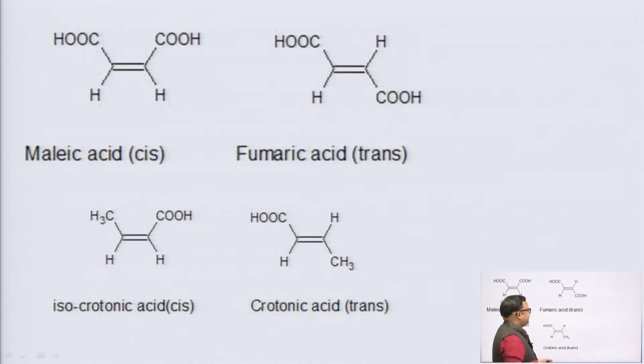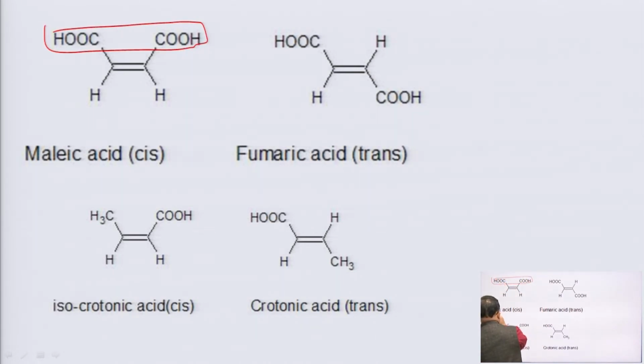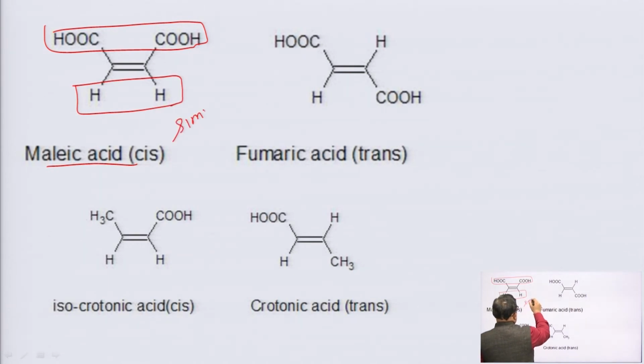There is one more important example here. You can see these two carboxyl groups. Maleic acid possesses two carboxyl groups. So, these two carboxyl groups and two hydrogen atoms are present on the similar side of the double bond.